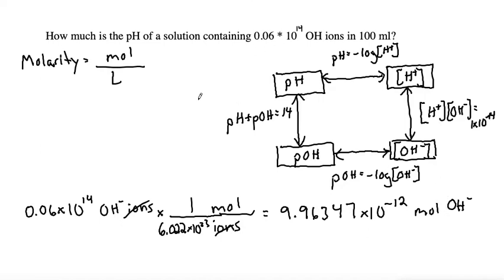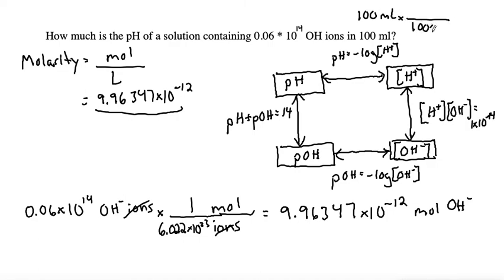Okay, so that gives me my moles. If I'm plugging this into the molarity formula to find the molarity of my OH⁻, I would plug that in on top: 9.96347 times 10 to the negative 12, over my liters. 100 milliliters, we can convert to liters. There are 1,000 milliliters in 1 liter, and so that gives us 0.1 liters.